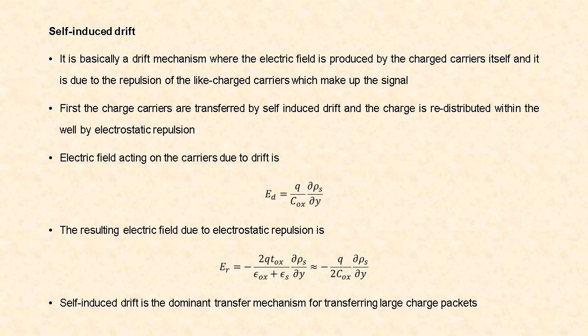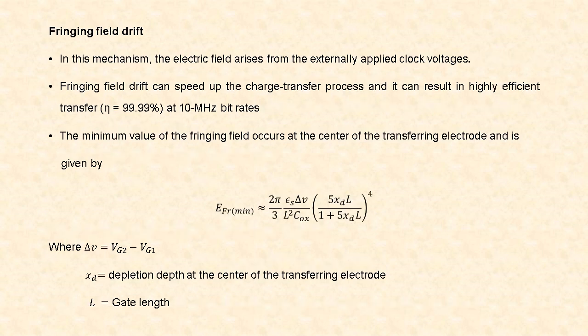Here q is the charge, t_ox is the thickness of the oxide layer, ε_ox is the permittivity of the oxide layer and ε_S is the permittivity of the silicon layer. This self-induced drift mechanism is the dominant transfer mechanism for transferring large charge packets.